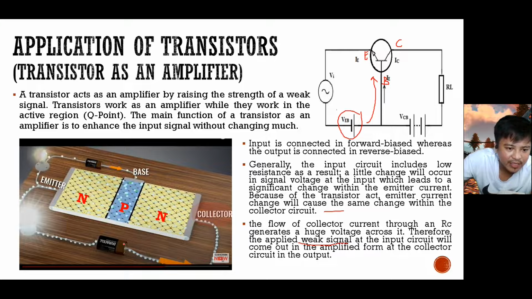So basically, this is an external source, and this is ang ating initial source. So we have here the emitter at this part, and this is the base, and this is the collector part. So typically, hindi siya masyado nakaka-apekto pa dito sa ating condition kung hindi pa ito nakakabit.